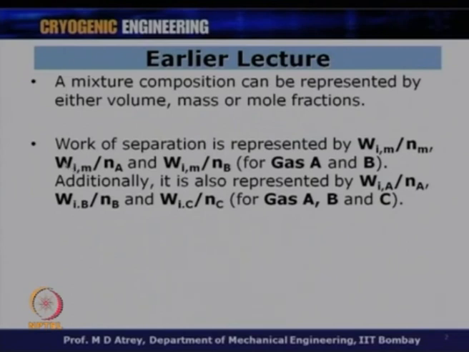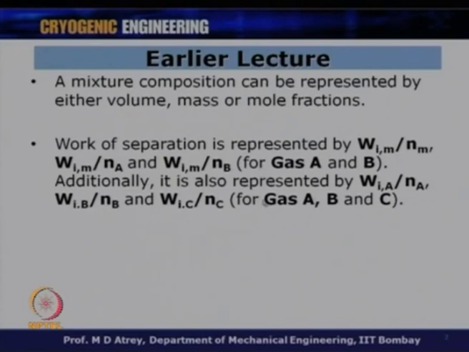Similarly, the ideal work of separation of mixture per mole of gas A, or similarly per mole of gas B, when a mixture is made up of gas A and gas B. Additionally, it is also represented by work of separation of A only from a mixture of A and B per mole of A, or work of separation of B only per mole of B, or work of separation of C only per mole of C for a mixture of gas A, gas B and gas C.